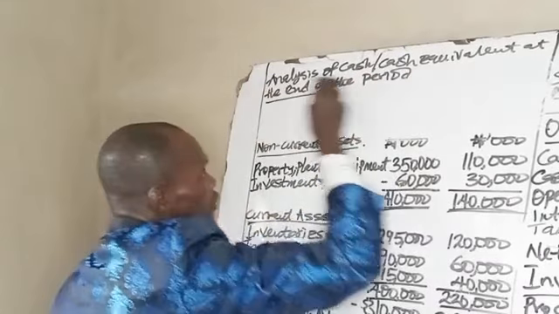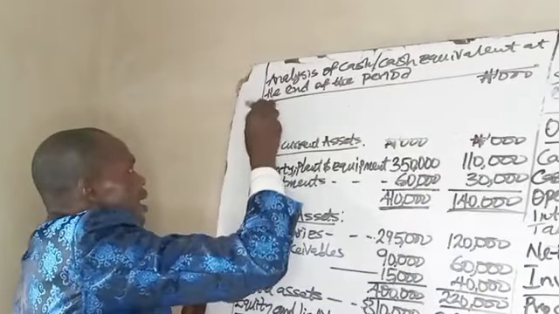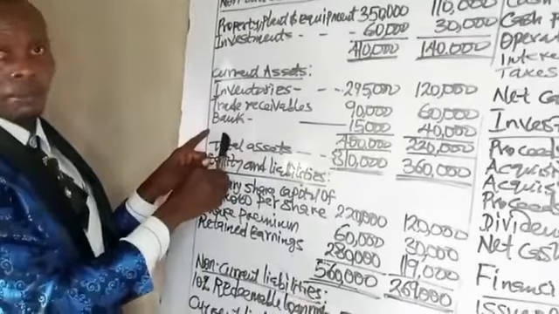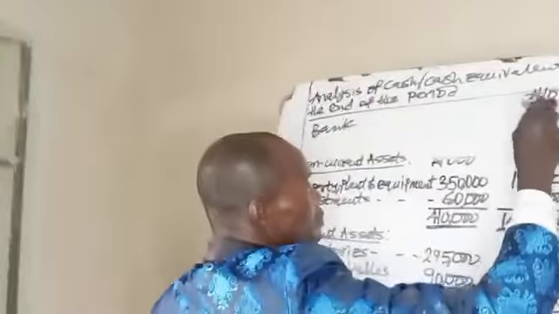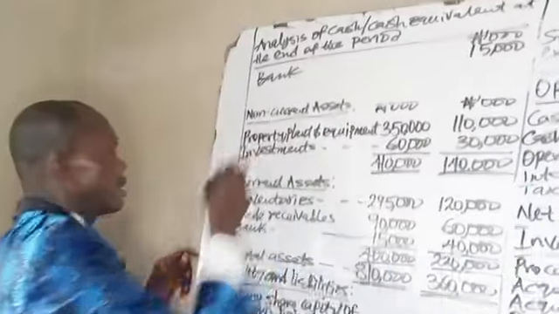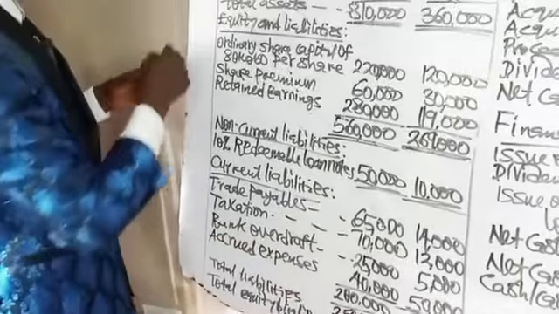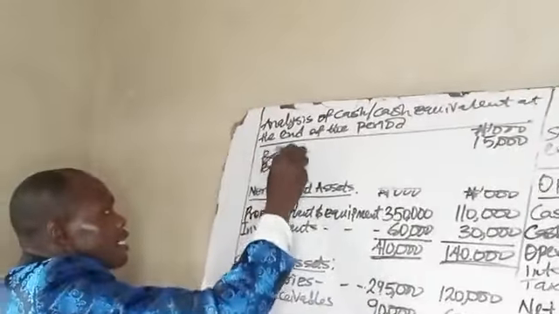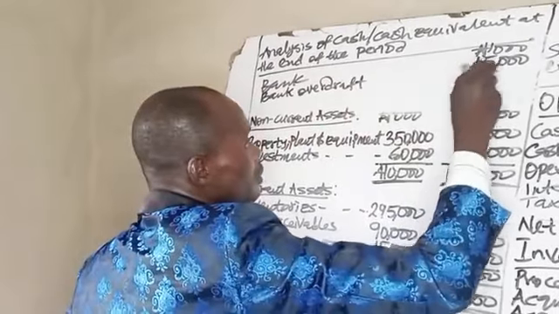So you have bank under current assets, 15 million. Under current liability, you have bank overdraft, 25 million.